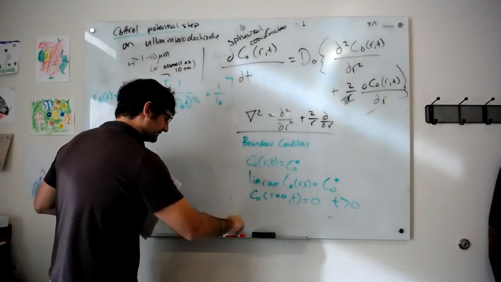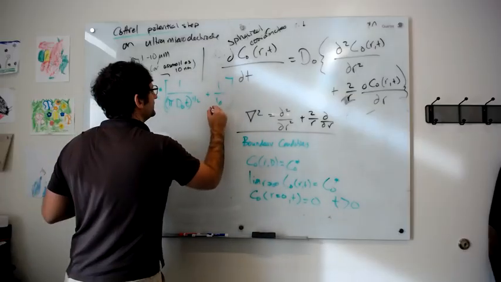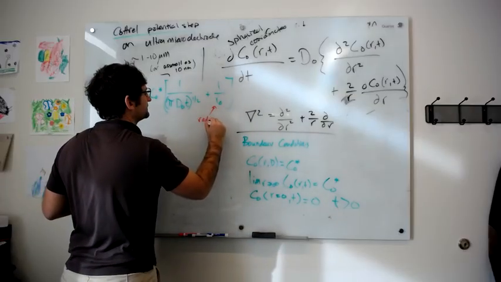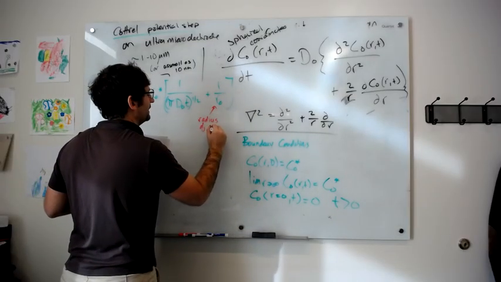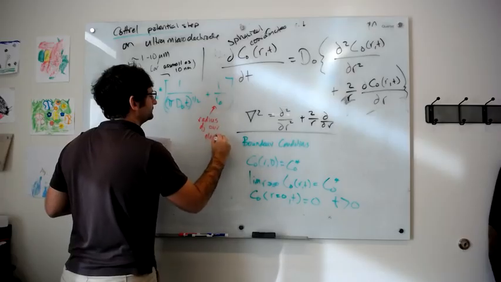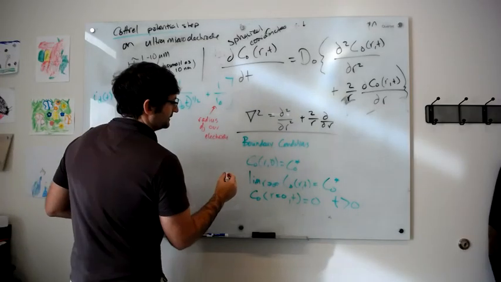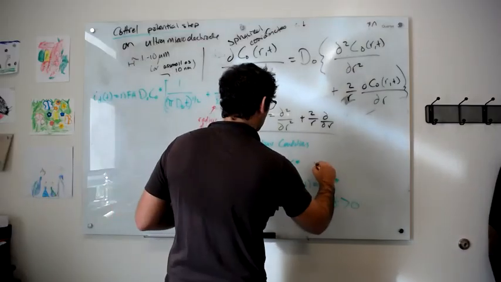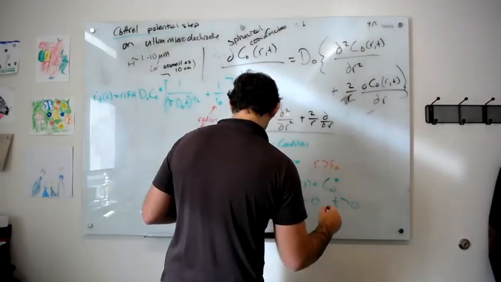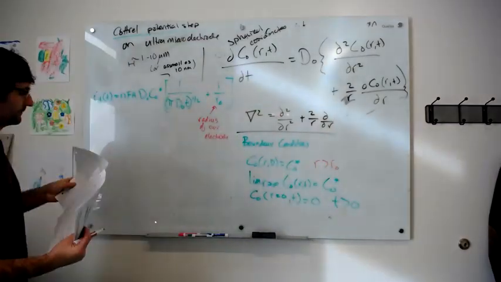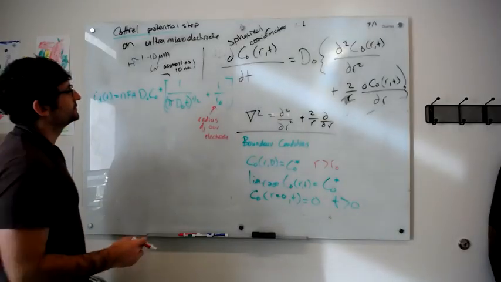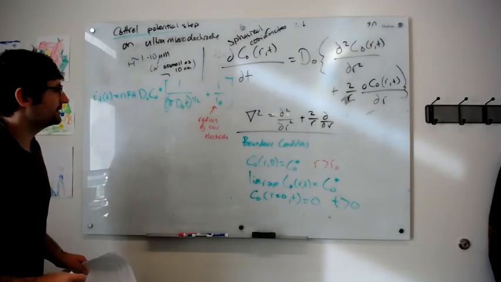Where in this case, this is the radius of our electrode. So we're assuming it has some radius, which actually affects this boundary condition, so r is greater than r naught. Okay? So we have a very small electrode with radius r naught.